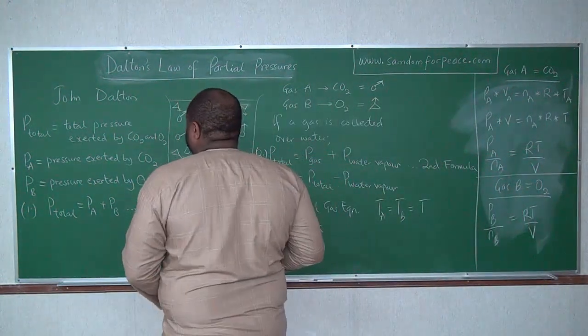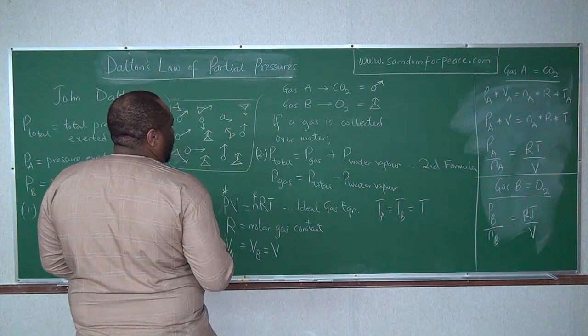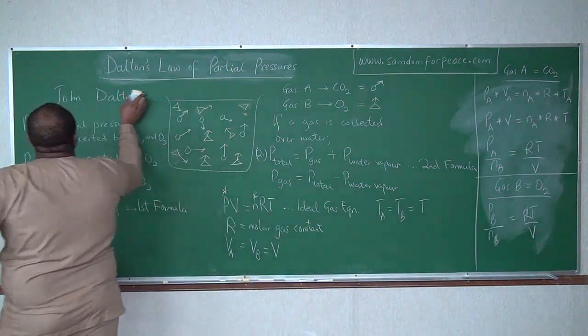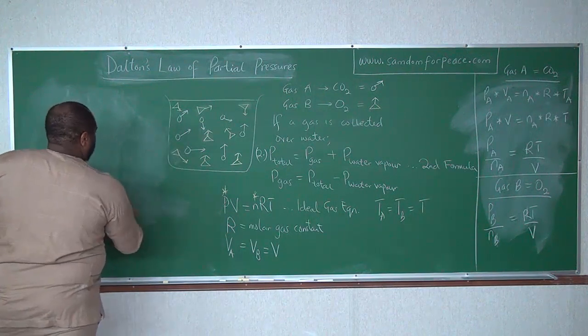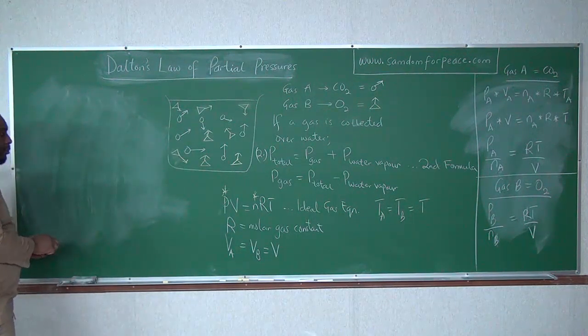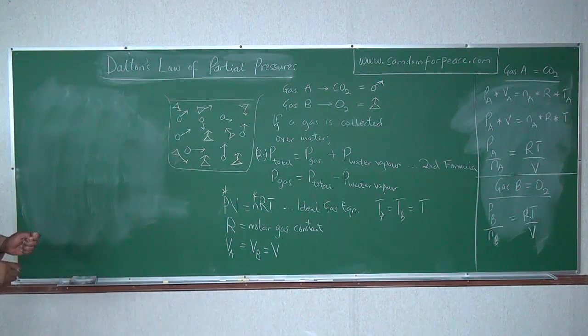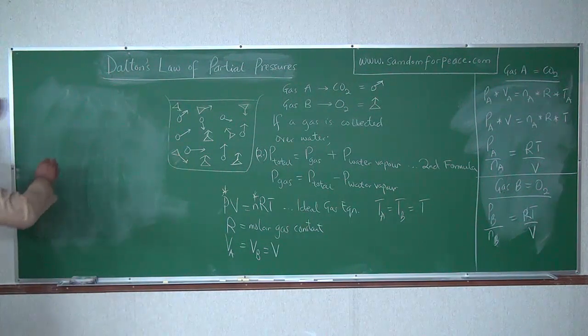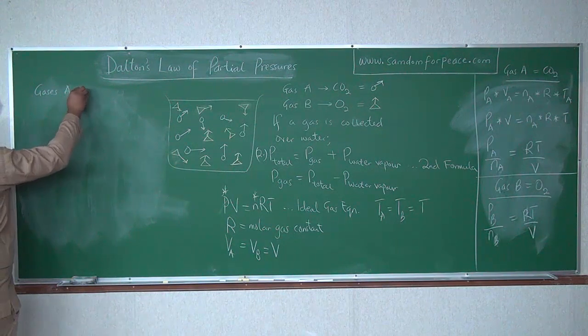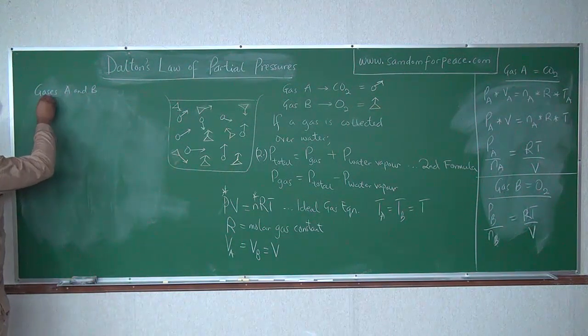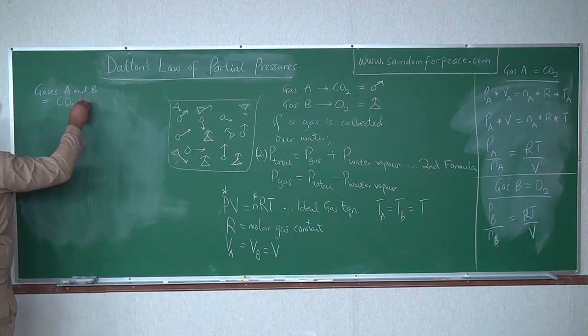Now, we are going to look at the total pressure. The total pressure, if we consider gases A and B, which is your carbon dioxide and oxygen.